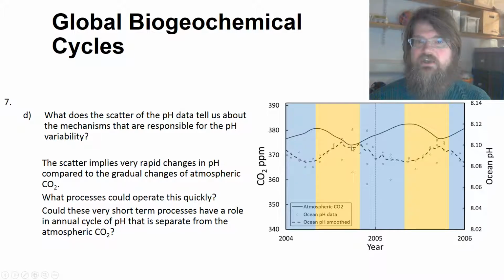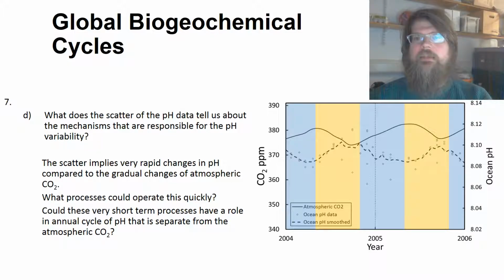There's quite a big spread of data, even data seemingly collected on the same day. You see these 4 data points here, seemingly from almost the same day, but they've got a huge amount of variability. So the question asks, what does that tell us about the mechanisms responsible for the pH variability?